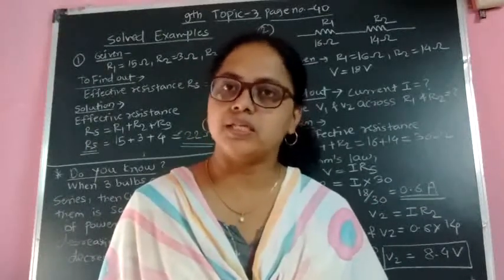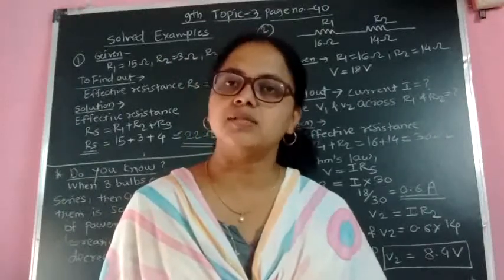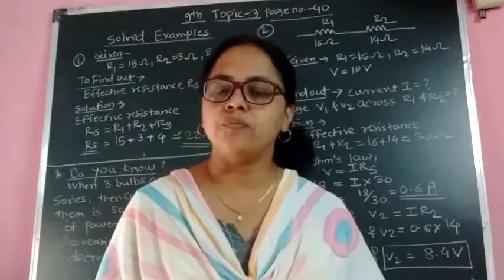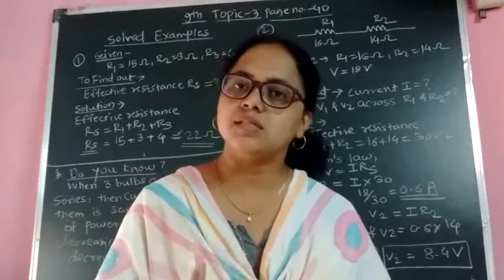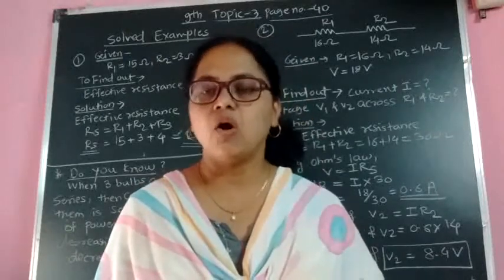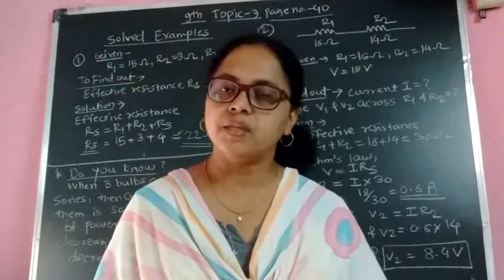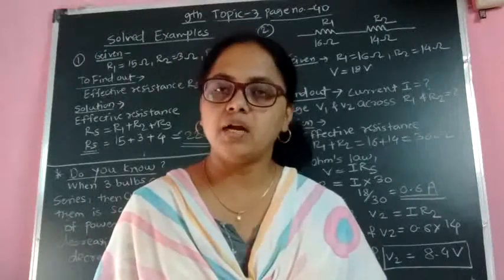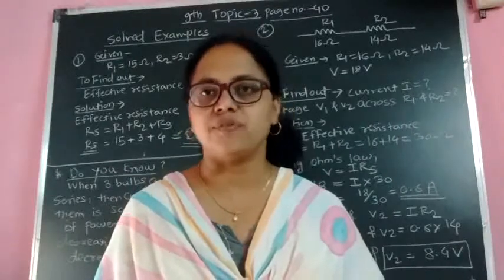So the total voltage of the whole circuit is equal to the voltage across resistance R1, plus the voltage across resistance R2, and so on, in such a way that the voltage across each resistance is different, but current in all resistors is same. Always remember, when resistors are connected in series, the current in all resistors is same, but the value of potential difference or voltage across each resistance is different.